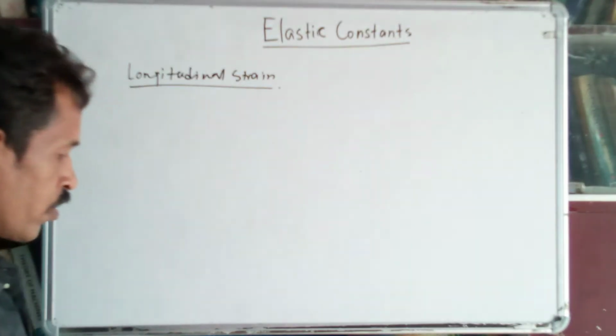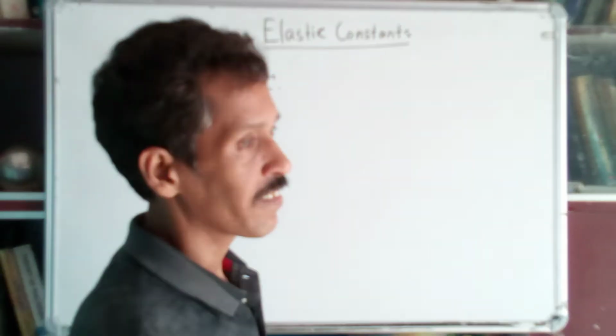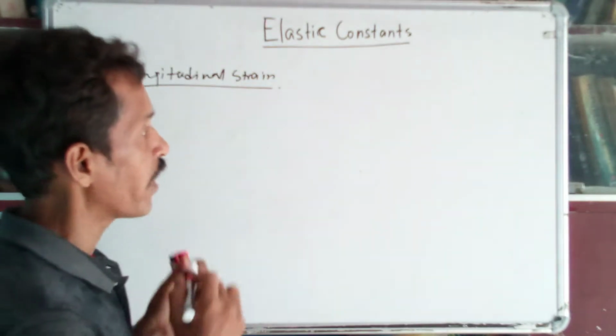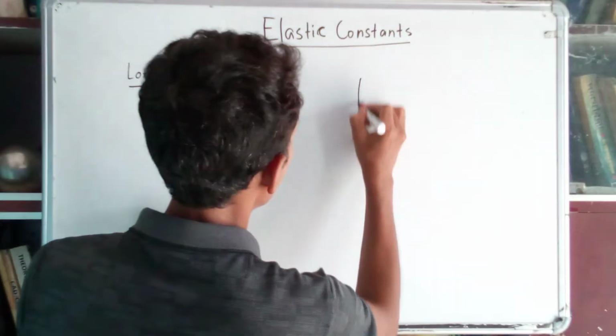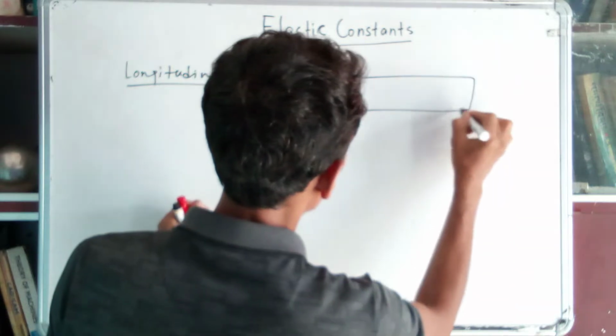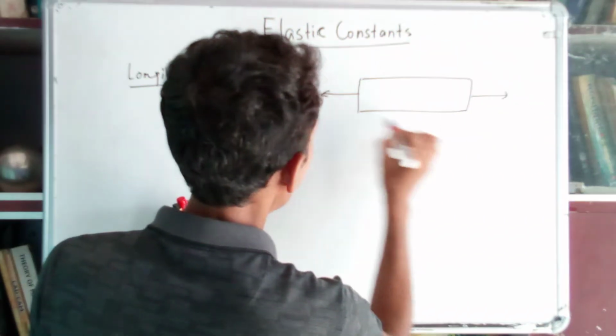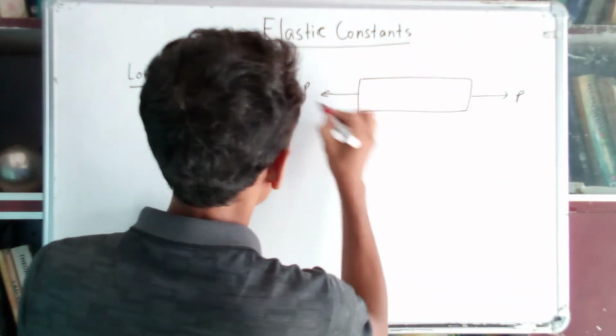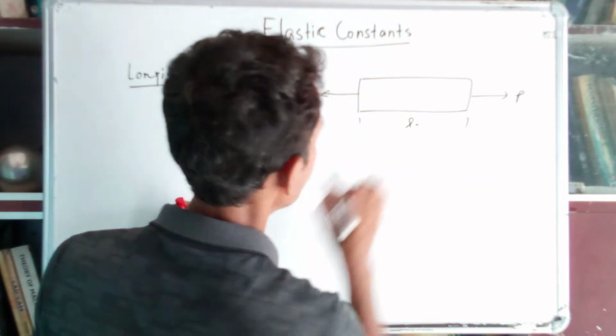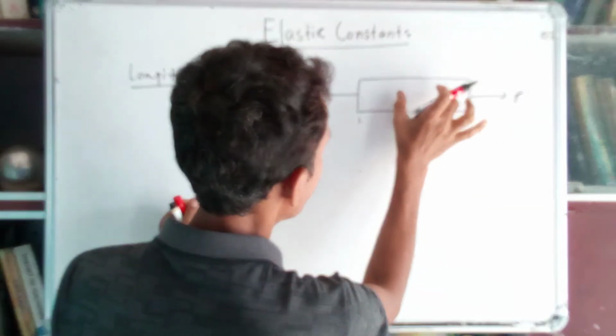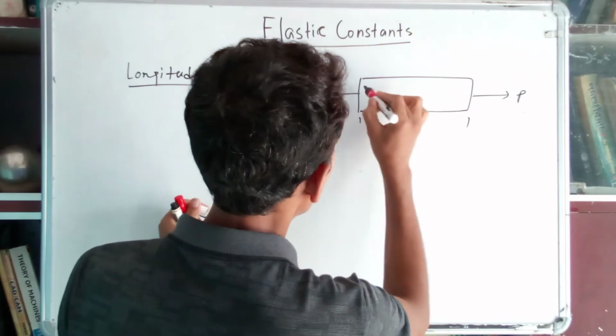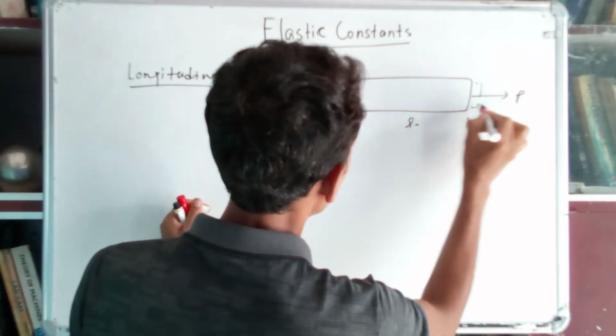Longitudinal strain. Whenever axial tensile load is applied along the length of the body, the length will increase. Initially this length, then it will increase.